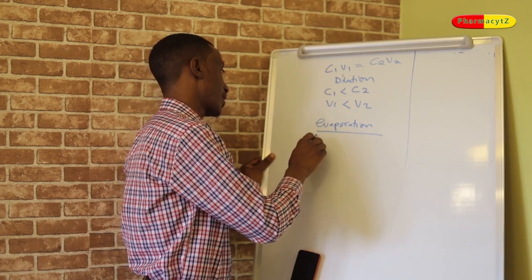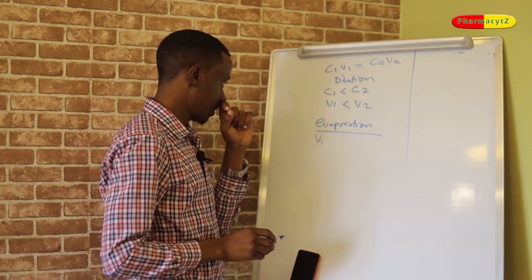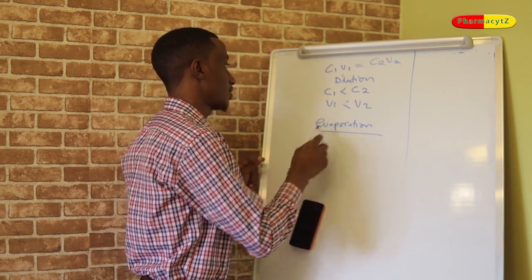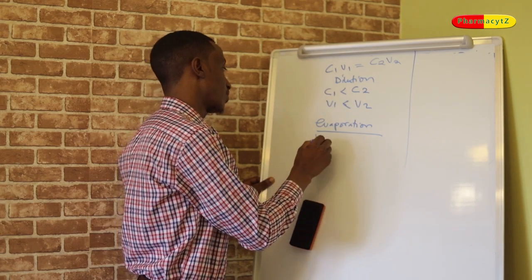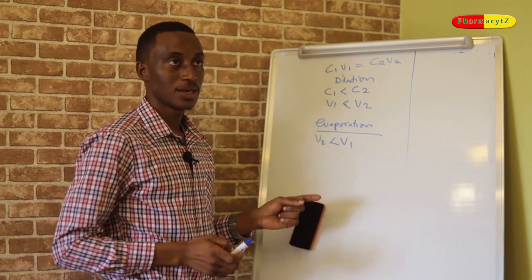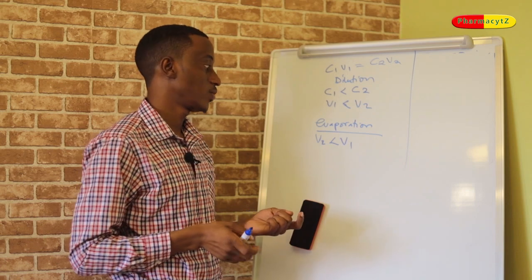So volume 2 is less than volume 1 because we have evaporated the diluent.